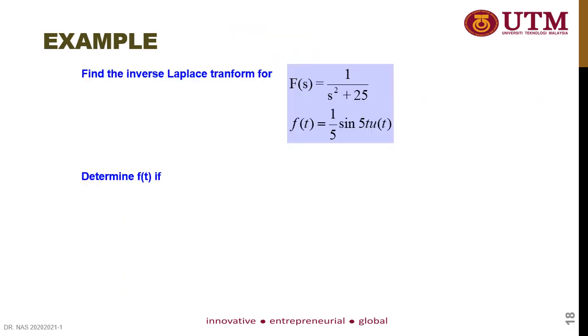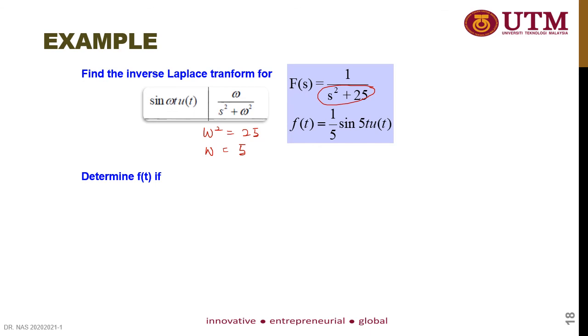Okay, let's look at another two examples in inverse Laplace transform. Again, you need to modify the equation a bit to suit the equation you have from the table. From the table, when you look at the denominator, you know s squared plus omega squared. In this case, omega squared equal to 25, so you know your omega equal to 5.